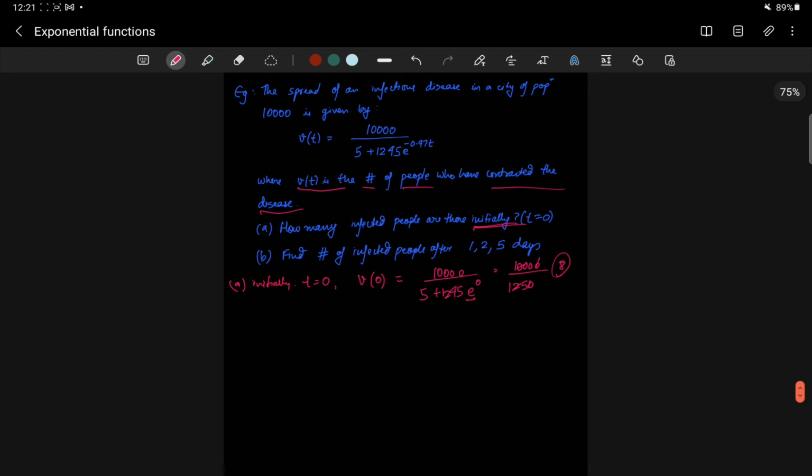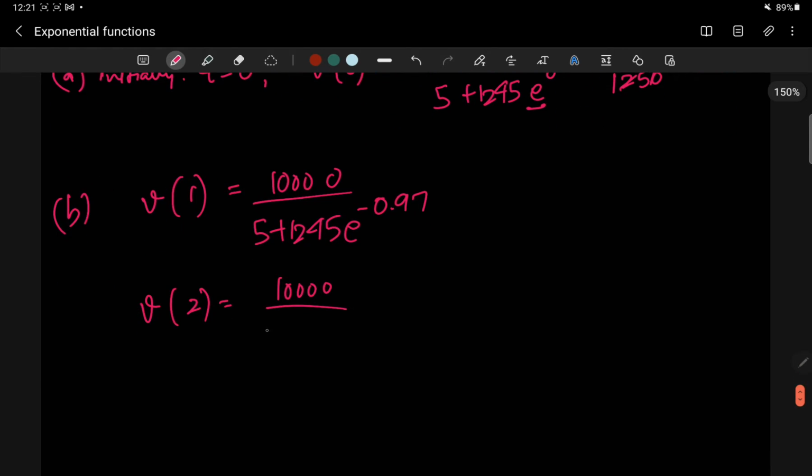Then it says, how many infected people after 1, 2, 3 days? So that would be V(1), that's 10,000 over 5 plus 1245 e to the negative 0.97. V(2) is 10,000 over 5 plus 1245 e to the negative 0.97 times 2.